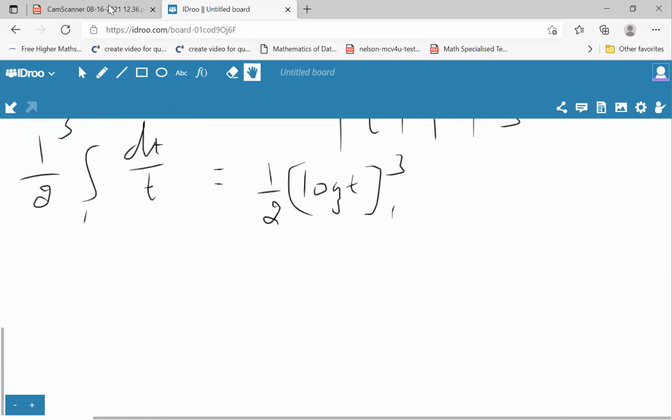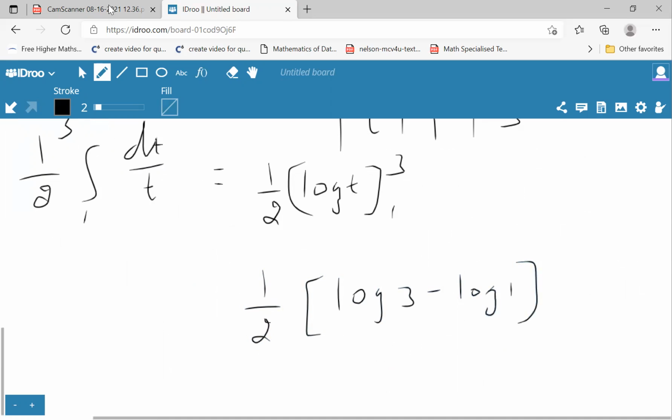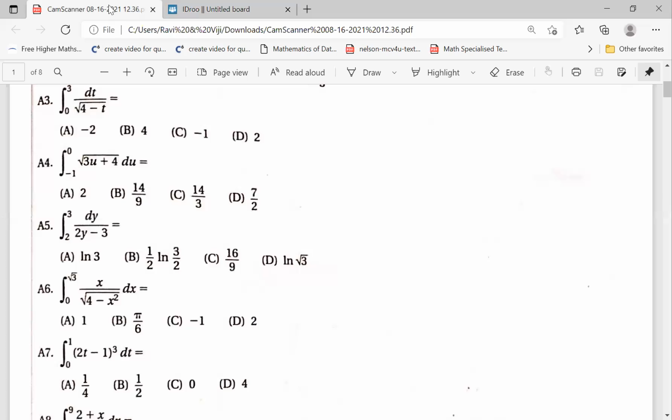So that would give you half. On applying the limits, you'll get log 3 minus log 1, upper limit minus lower limit. Log 1 is 0. So now this becomes log 3 by 2.